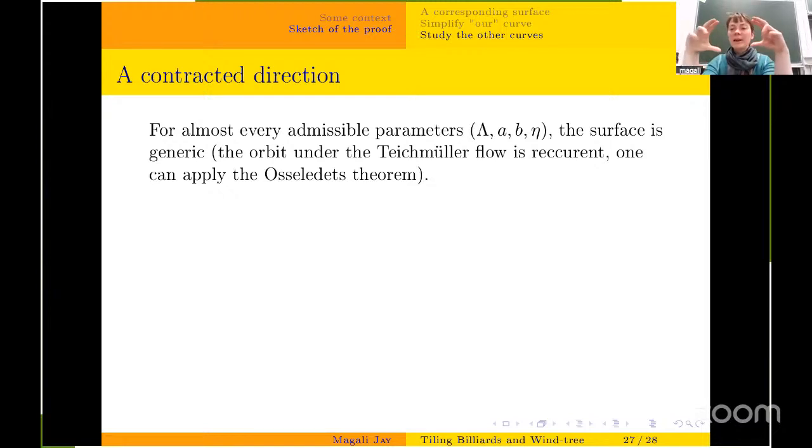So when I thicken this open set of my surfaces, I get an open set in the moduli space, and the surfaces there cannot be all non-generic, because otherwise it would mean that in the thickened open set, they are also all non-generic, and this is not possible because in the moduli space almost every surface is generic.